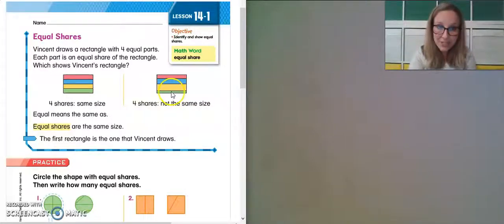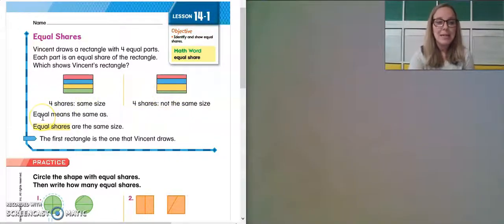We see that the green is very tiny, the yellow is very large, and then the pink and blue are about medium size, but still the pink is even smaller than the blue. So those are not equal. They are not the same size. And so we would say that they don't have equal shares in that rectangle.